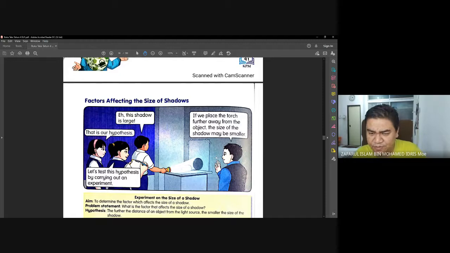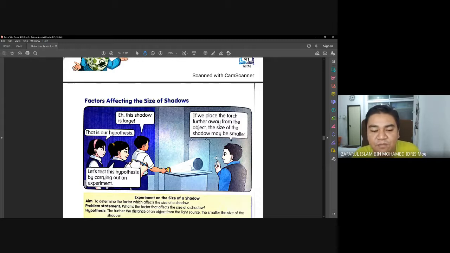Betul ke kelas? Kalau kita letak the torchlight lebih jauh daripada objek tu, the size of the shadow will become smaller. Is it right? Kalau kita jauhkan lampu daripada objek, bayang-bayang dia akan jadi kecil. So that is our hypothesis.